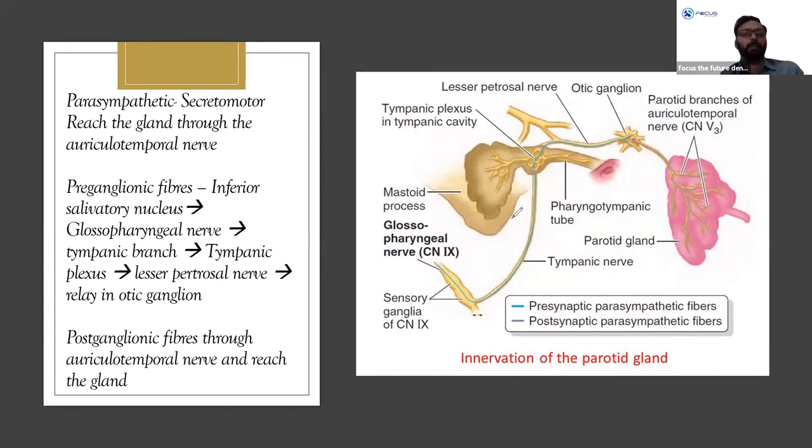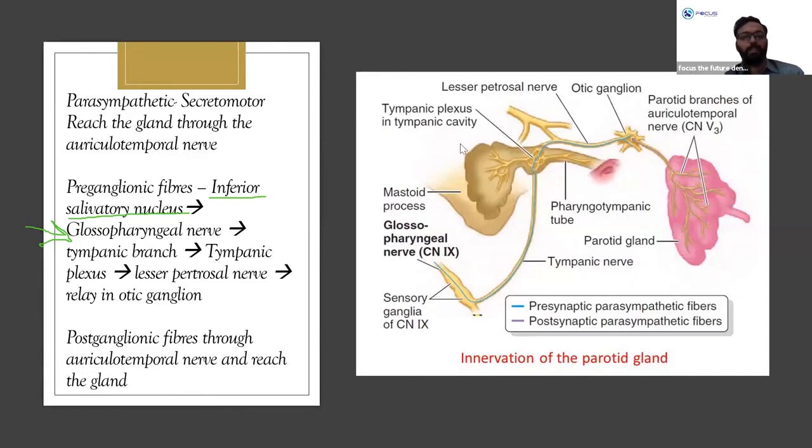Here it starts from the inferior salivary nucleus. So the preganglionic fiber originates from the inferior salivary nucleus, then it goes through the glossopharyngeal nerve, tympanic branch, tympanic plexus, and lesser petrosal nerve, and relays in the otic ganglion. The postganglionic fibers reach the gland through the auriculotemporal nerve.